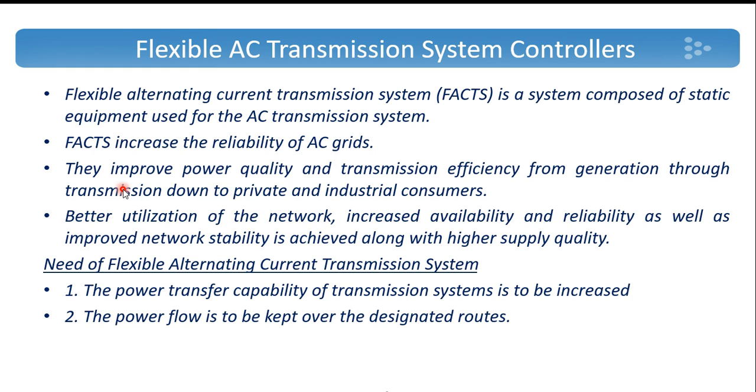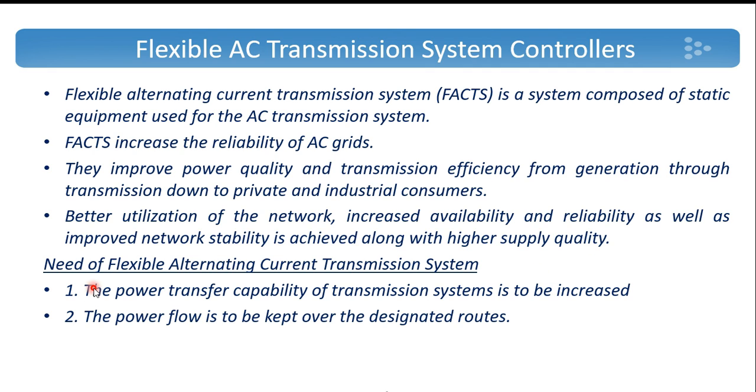They improve the power quality and transmission efficiency from the generation through transmission down to private and industrial consumers. Better utilization of the network as the power transfer capability is increased, and increased availability and reliability, as well as improved network stability with a higher power supply quality.